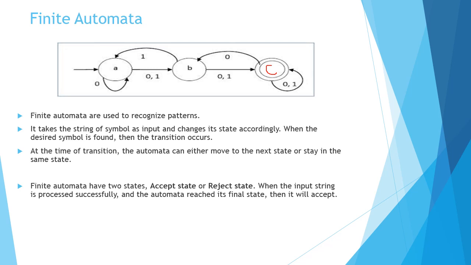And for the next input 0 and 1, we end up in the final state. So our valid strings will be 00, 01, 10, or 11. For these input strings we move to the final state, so this will be the accept state.